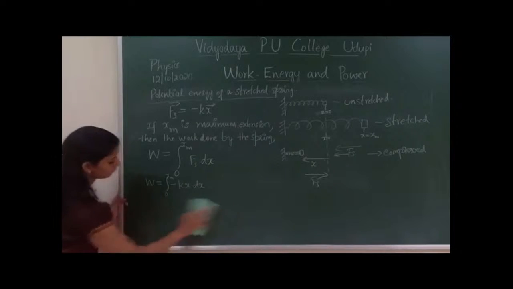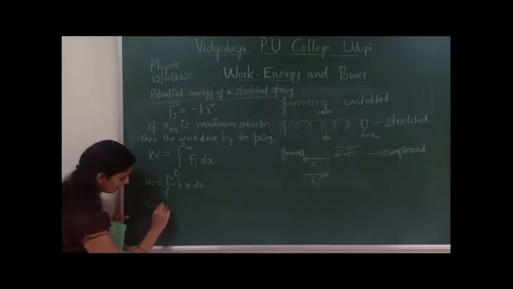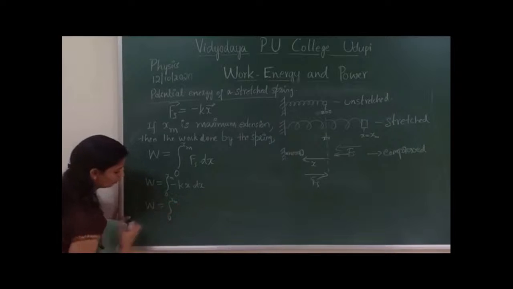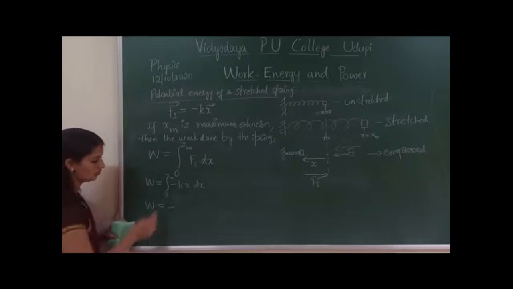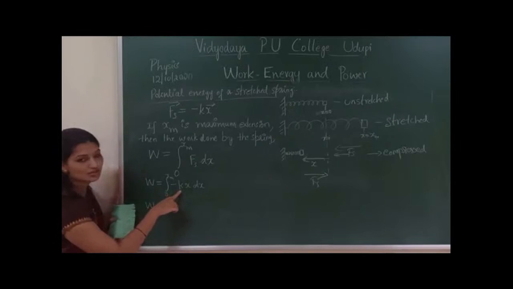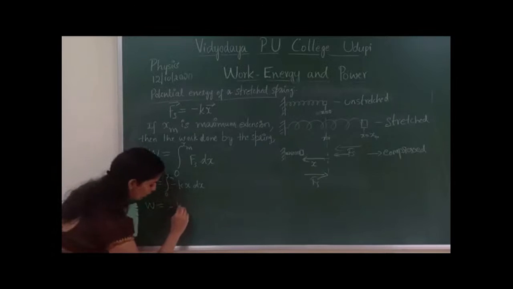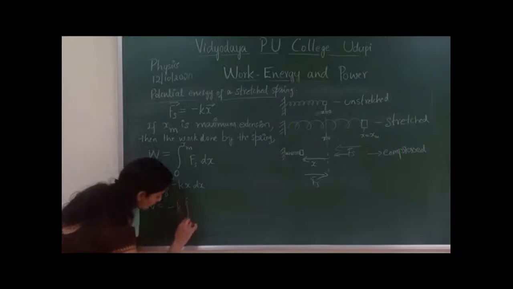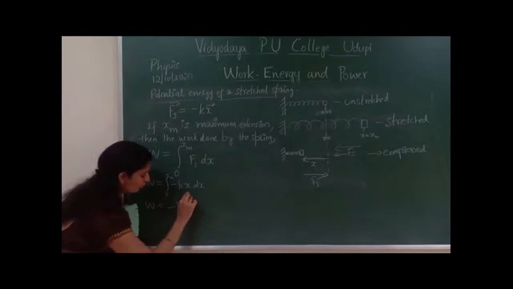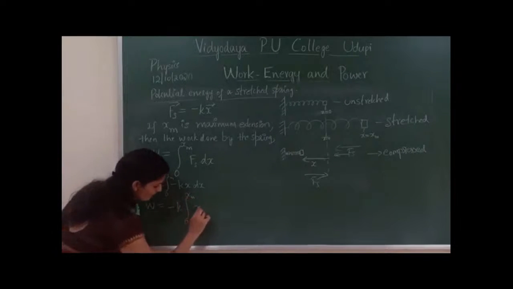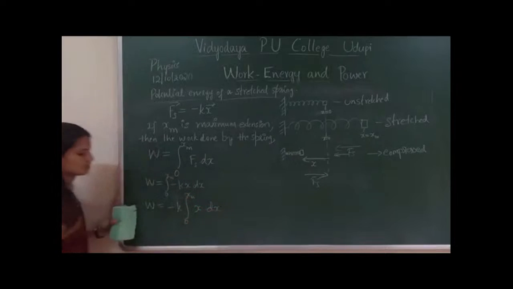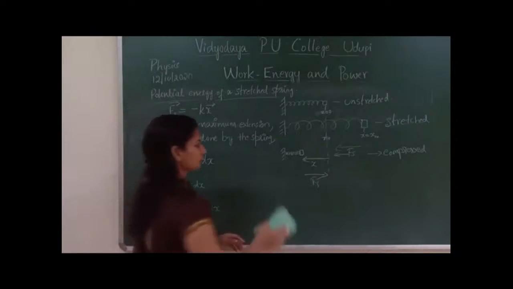So the work done is equal to minus, I will take this minus out from the integration sign, and k is also constant, so I can take it out. Then between the limit 0 to xm, the remaining is x into dx.